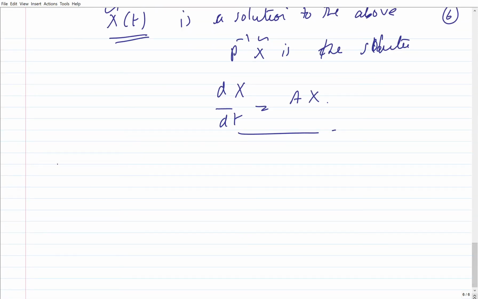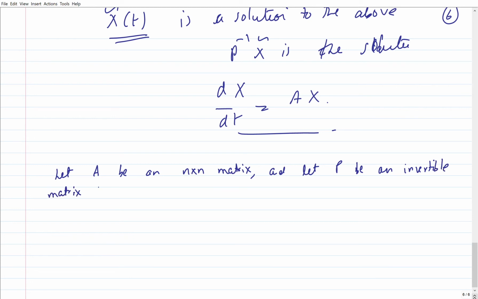So that's the proposition. Let A be an n cross n matrix and let P be an invertible matrix such that P A P inverse is diagonal, with diagonal entries the eigenvalues lambda 1, up to lambda n.